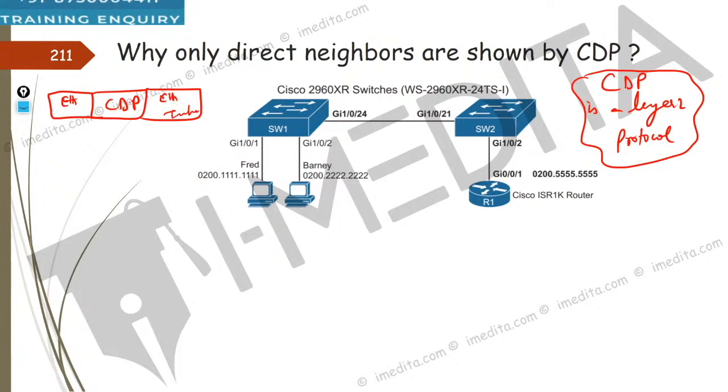That's it. There is no IP header, there is no TCP, UDP, anything working. Now I'm taking Ethernet as an example here, but it could be for other layer 2 protocols too. So what happens in this case is whenever you want to send a CDP message, let's say R1 sends a CDP message to switch 2.